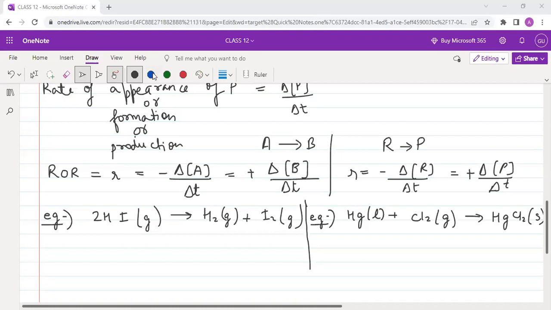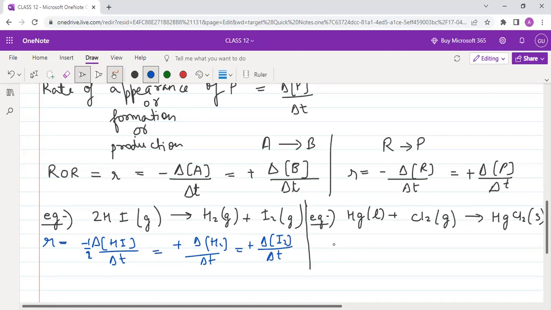Have you done? Yes, ma'am. Okay, tell me the expression for the first one. For the first one, it's minus 1 by 2 delta HI by delta t is equal to plus delta H2 by delta t, equal to plus delta I2 by delta t.